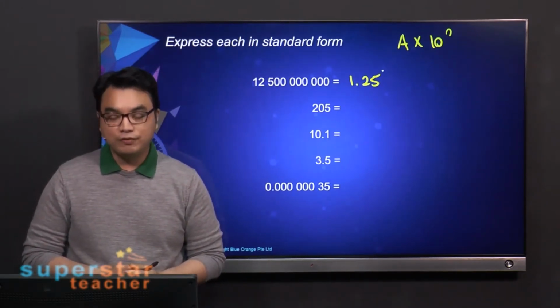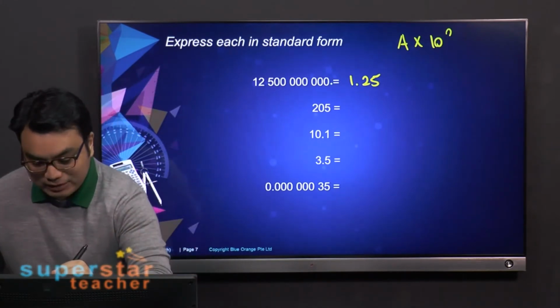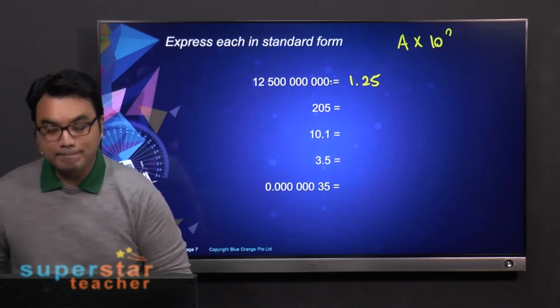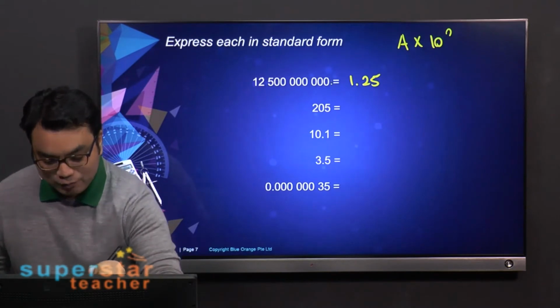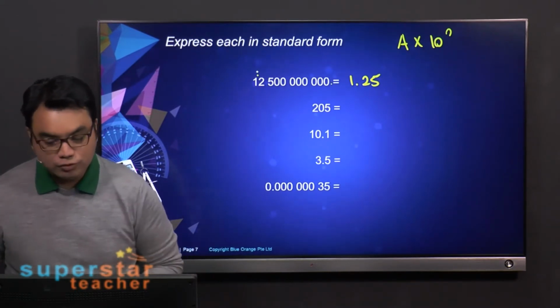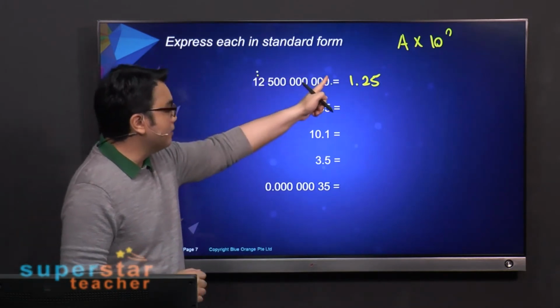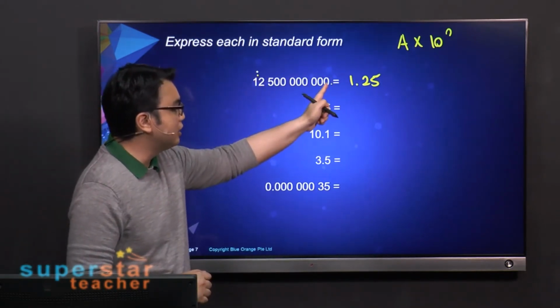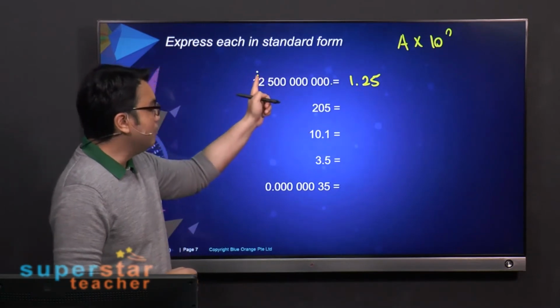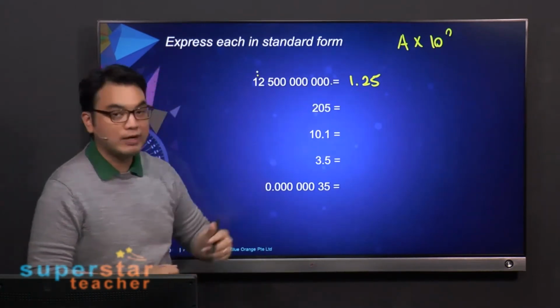1.25, but now the decimal point initially was over here, and now I've moved the decimal point to this part. So in order to get back to the initial position of the decimal point, how many steps do I have to move to the right?